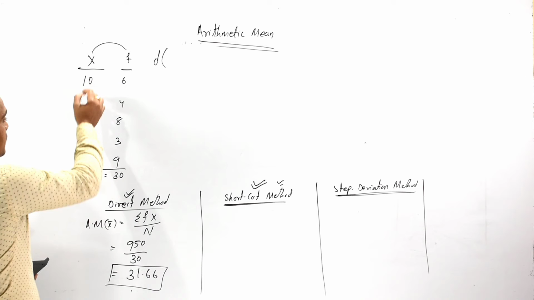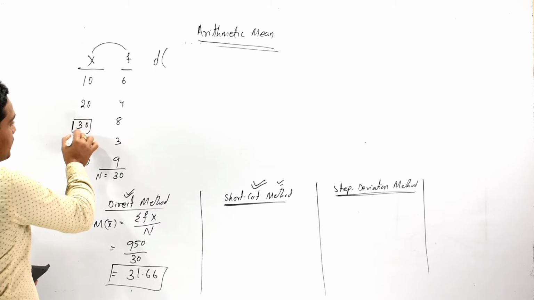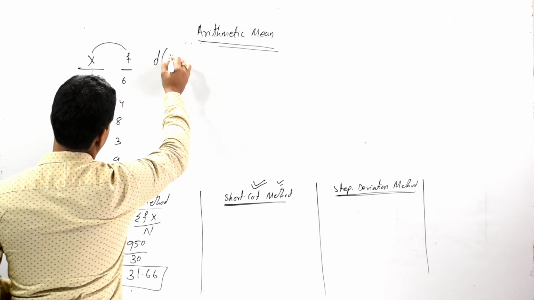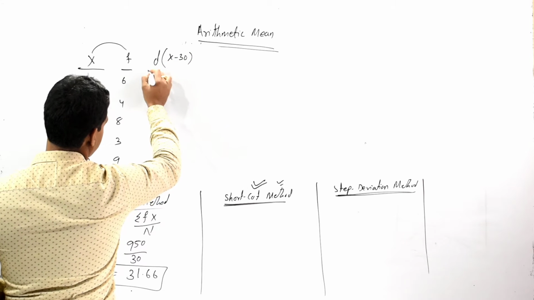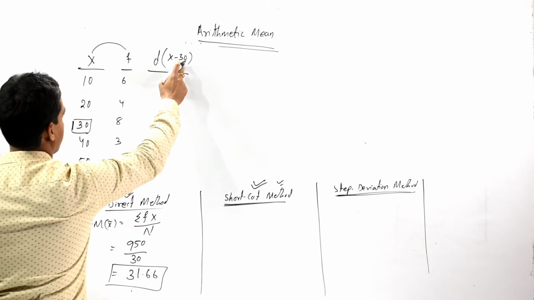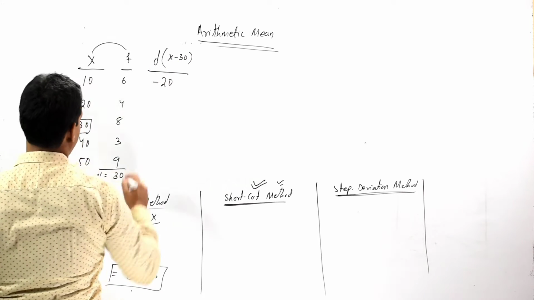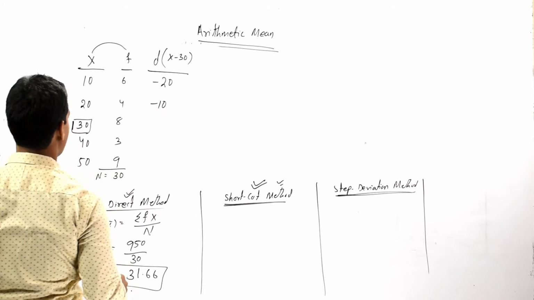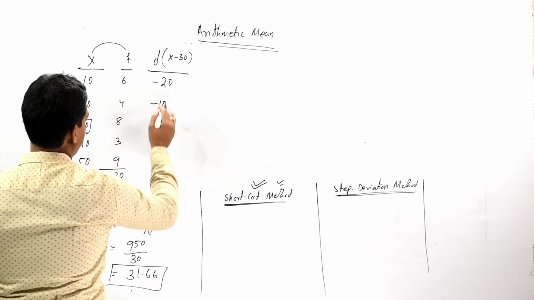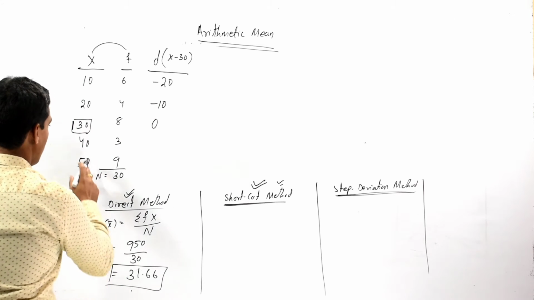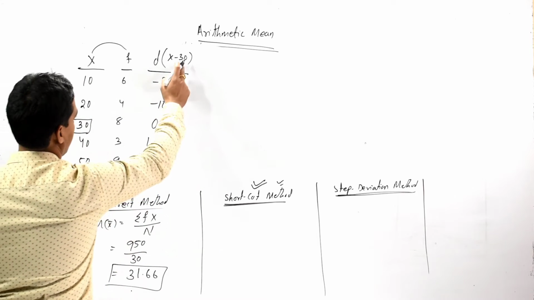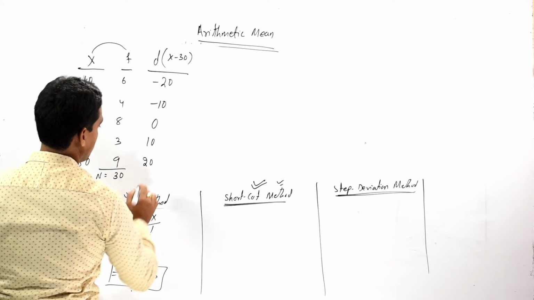So let's take the assumed mean of the given series as 30. So our deviation is x minus 30, that is 10 minus 30 equals minus 20, 20 minus 30 equals minus 10, 30 minus 30 is 0, 40 minus 30 is 10, 50 minus 30 is 20.